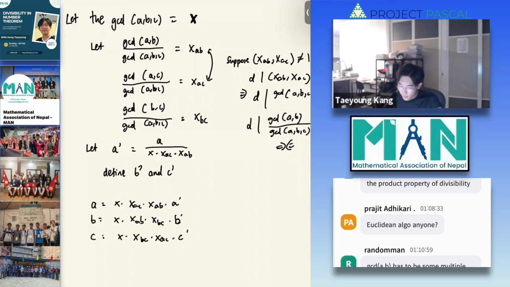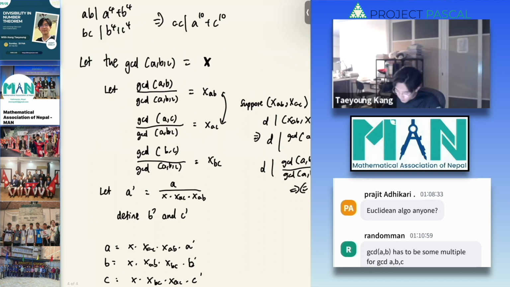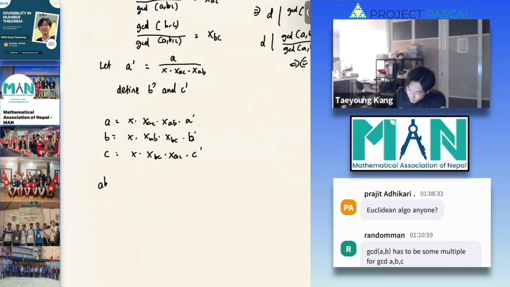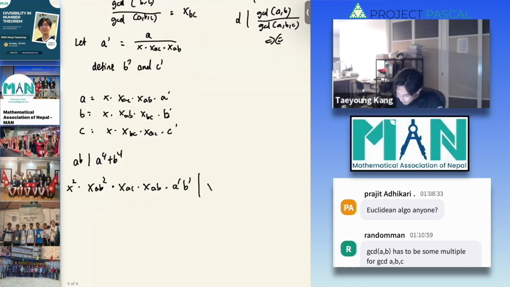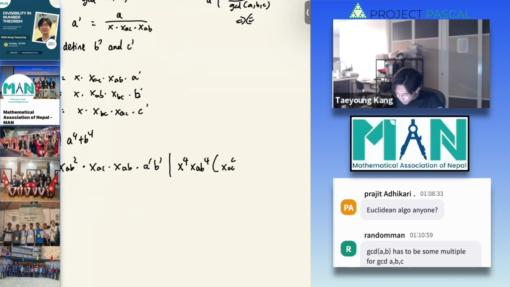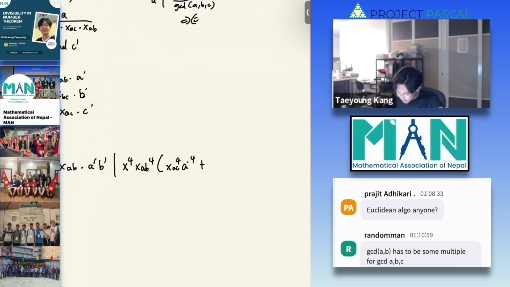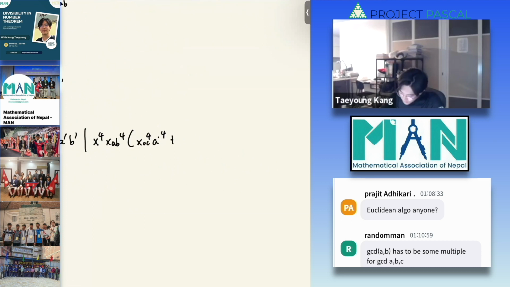So what does our divisibility condition give us? AB divides A to the power 4 plus B to the power 4 implies that X squared times X_AB squared times X_AC times X_BC times A prime B prime divides X to the power 4 times (X_AB to the power 4 times X_AC to the power 4 times A prime to the power 4 plus X_BC to the power 4 times B prime to the power 4).